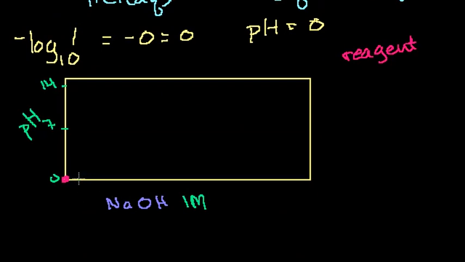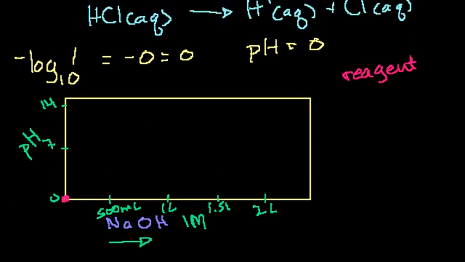So let's say this is 500 milliliters. This is 1 liter. This is 1.5 liters. This is 2 liters. And so on this axis, I'm going to slowly add more and more of this hydroxide.